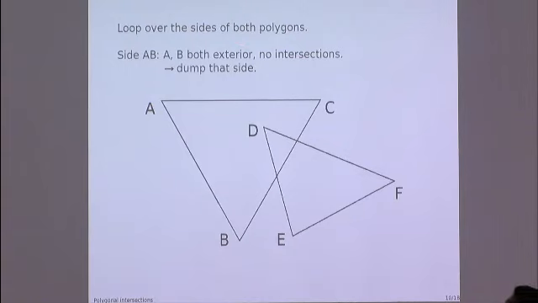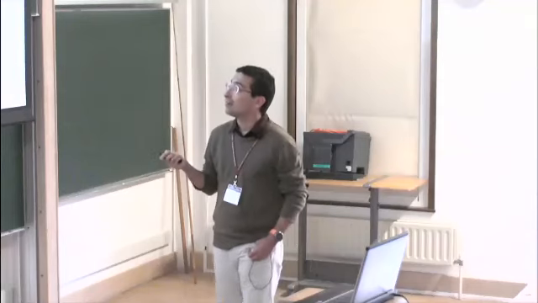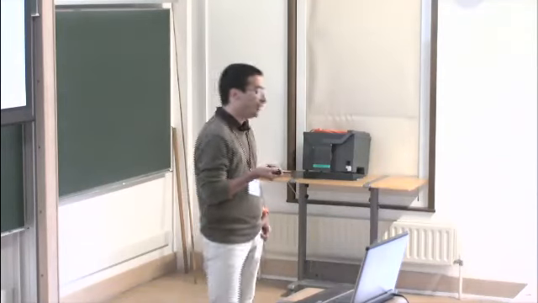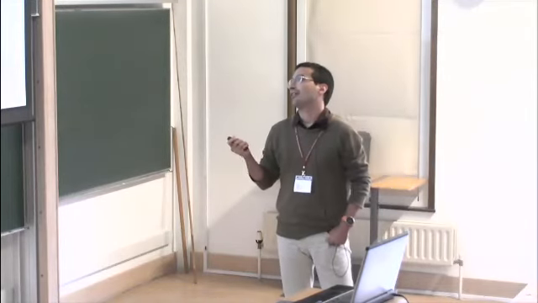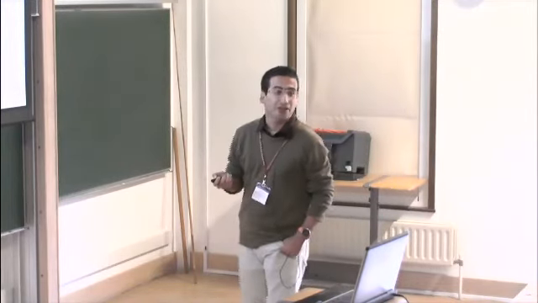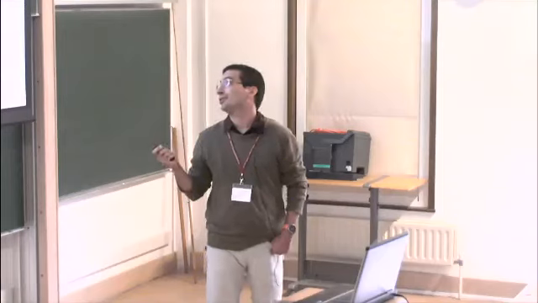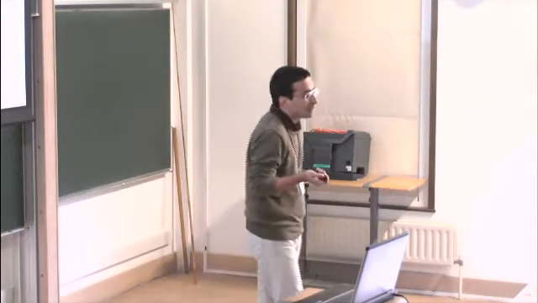So what do you find? That A is exterior to the second triangle. B is also exterior to the second triangle. A good question would be, how do you define exterior on the sphere? The triangle cuts the sphere in two, and the interior is where the centroid lies, of course.